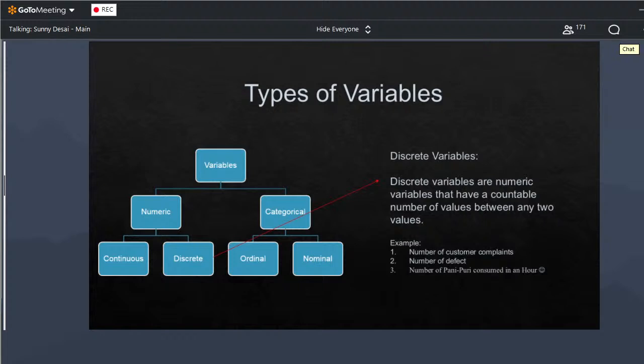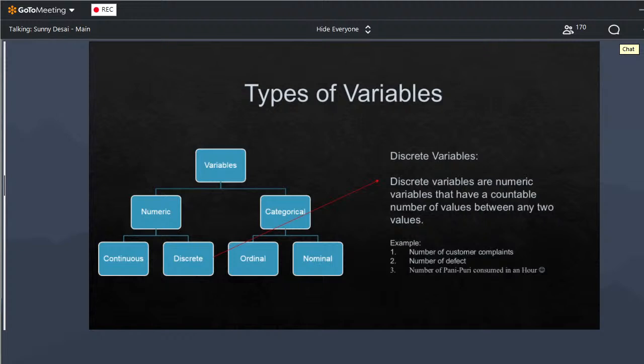For example, in a household, you can have one car, you can have two cars, you can have three cars. But can you have 1.2 cars, or 1.3 cars, or 2.2 cars? Is it possible to have 1.2 cars or 1.3 cars? No. The answer is clearly no. Either you can have one, two, or four.